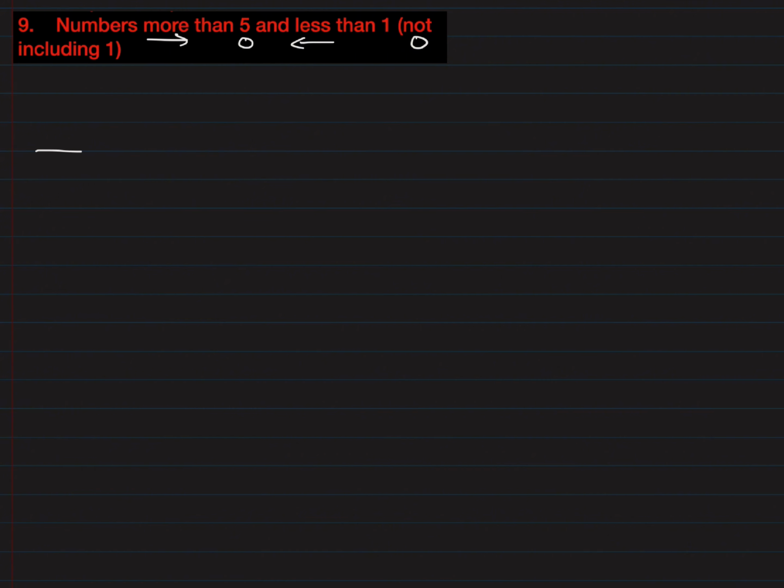We draw the number line. We have 1, we have 5. And it says numbers that are more than 5, we go in this direction. And we have numbers that are less than 1, so in this direction.